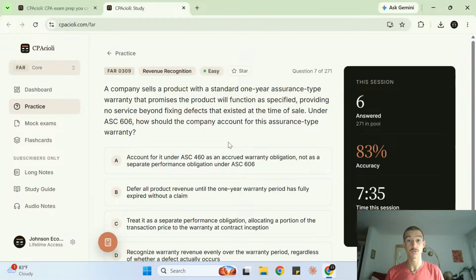A company sells a product with a standard 1-year assurance type warranty that promises the product will function as specified, providing no service beyond fixing defects that exist at the time of sale. How should the company account for this assurance type warranty?